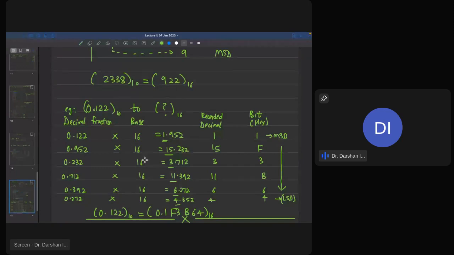And whatever digits you recorded, write down the hex equivalent of that. And this will go from top to bottom because it is to the right of the dot. So it will go from MSD, which will be at the top, to LSD at the bottom. End of the story, right? That's what we discussed yesterday.